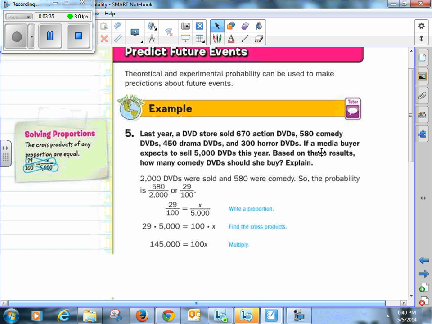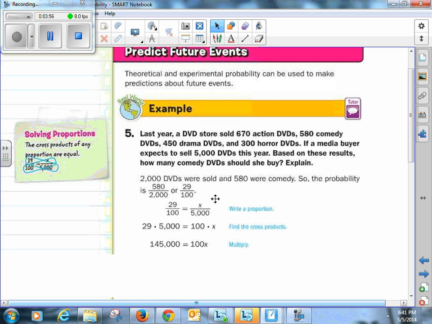If the media buyer expects to sell 5,000 DVDs this year, based on these results, how many comedy DVDs should she buy?